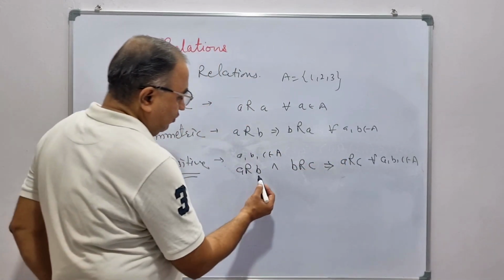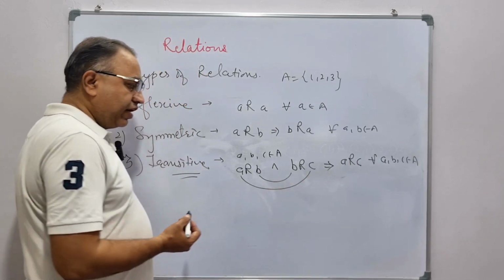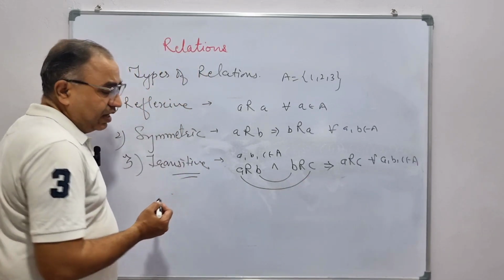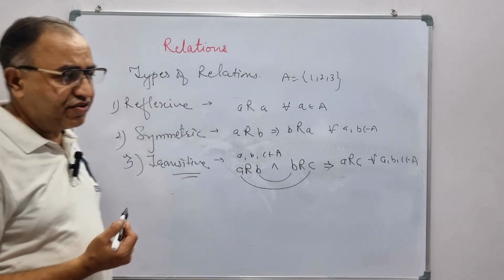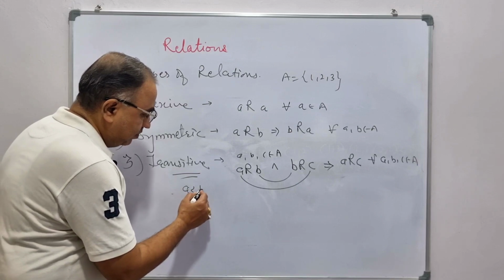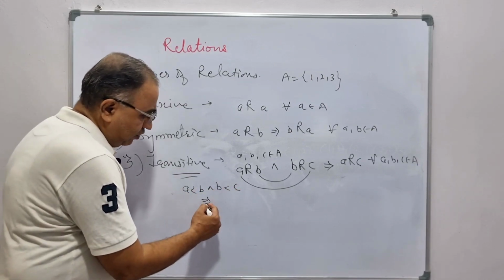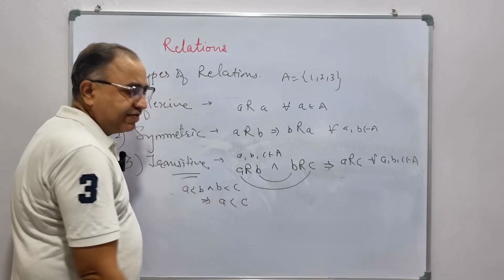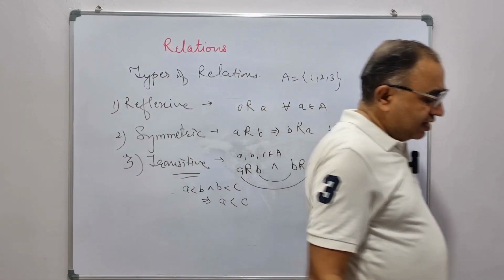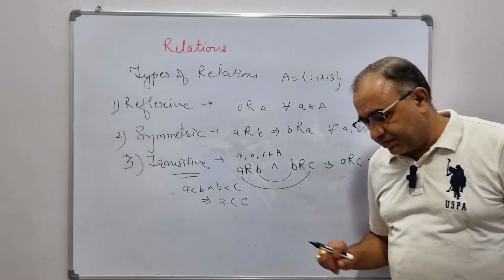That means in this case what we do, we eliminate B and we establish the relation between A and C. For example, if I say this relation is smaller than, so A is smaller than B and B is smaller than C, definitely together it implies that A is smaller than C. So that means the relation is smaller than is a transitive relation.